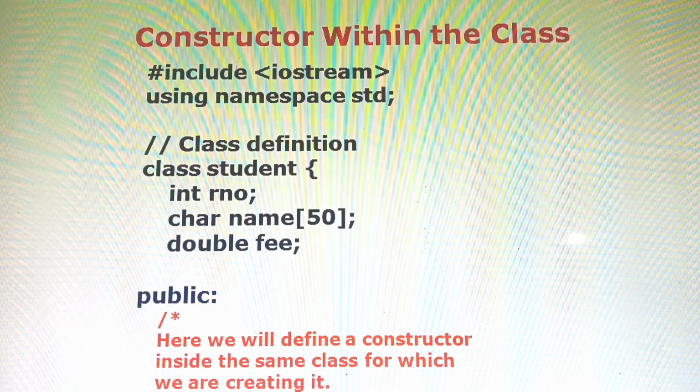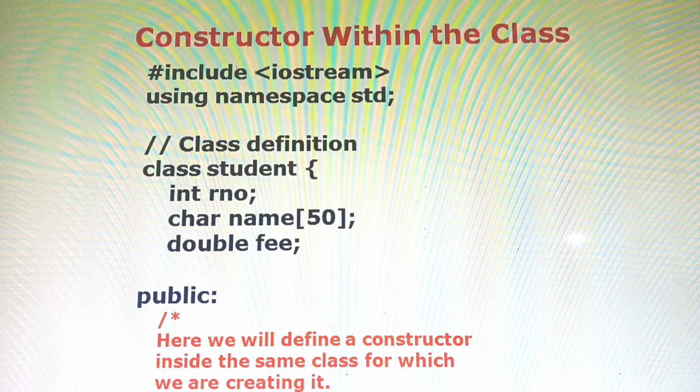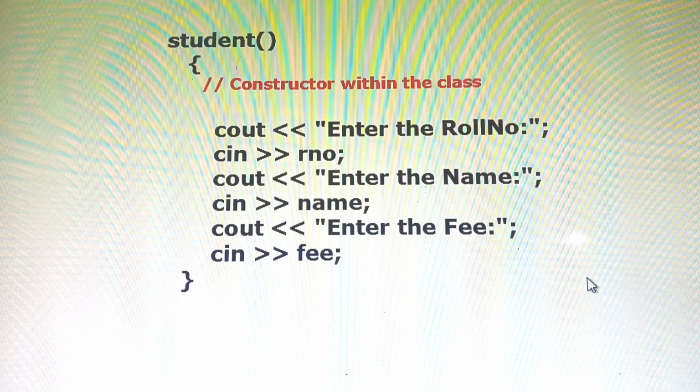Then we have to give the access specifier public. Why? Because we have to declare and define the constructor, a member function, and a normal member function. Next we define the constructor.